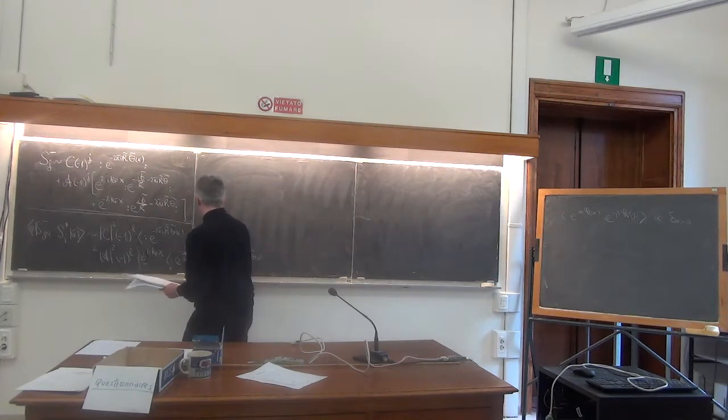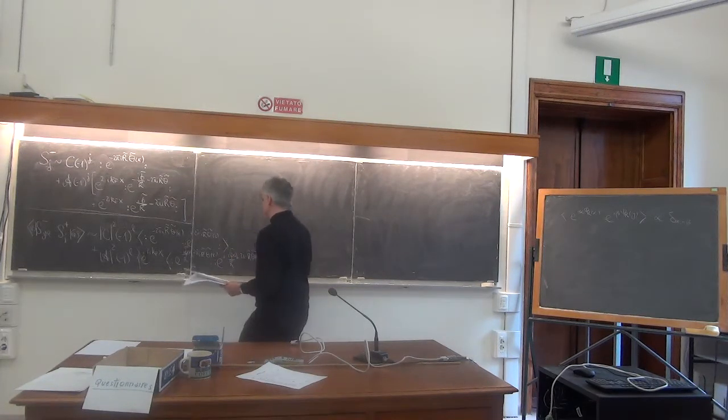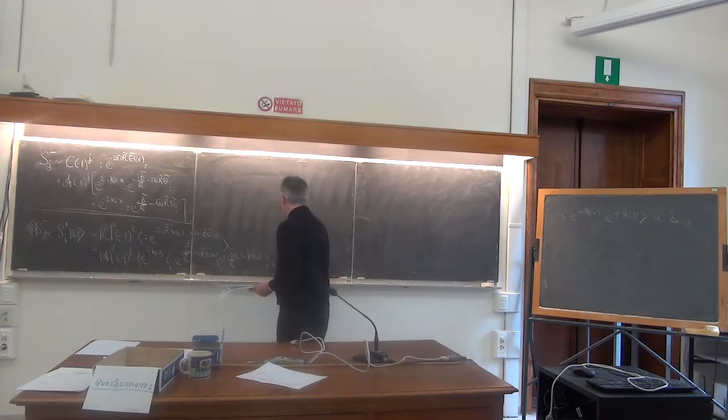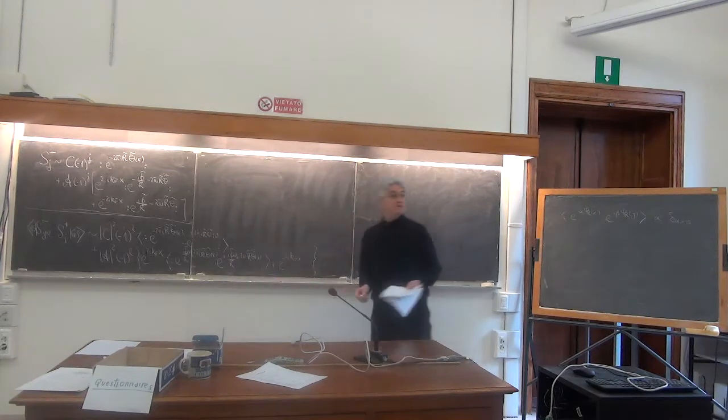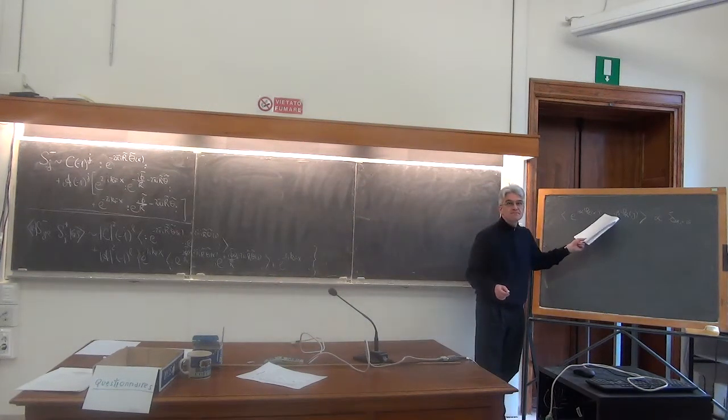And this was an x. And then the other term where we have e to the minus 2 i k_F x and so on. So only 3 terms are non-zero by this principle here.